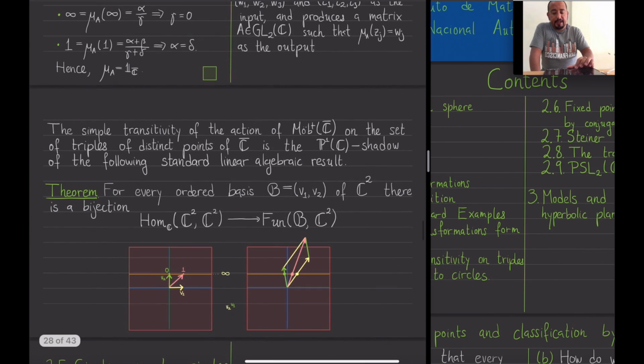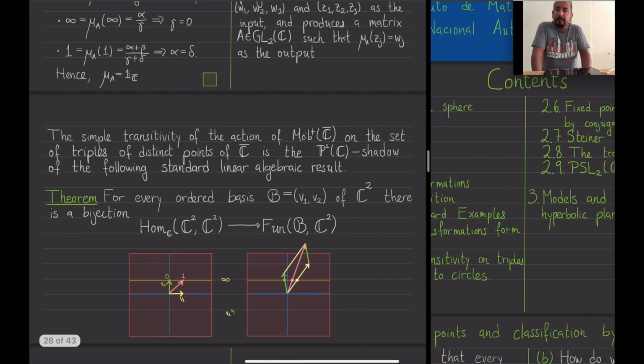the point is that this simple transitivity can be interpreted as the shadow on P1 of linear algebra, right? It can be seen as a shadow on P1C of a linear algebraic fact, namely the following.